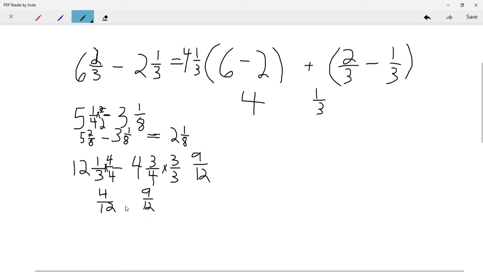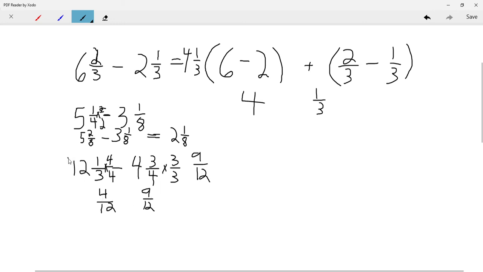So that is going to be 9/12. Now, we're doing a subtraction problem, so really we have 4/12, and then we want to do minus 9/12. This is not going to work, right? Because we can't do it. So basically what we need to do is think about how we do subtraction with the standard algorithm, and we need to actually borrow.